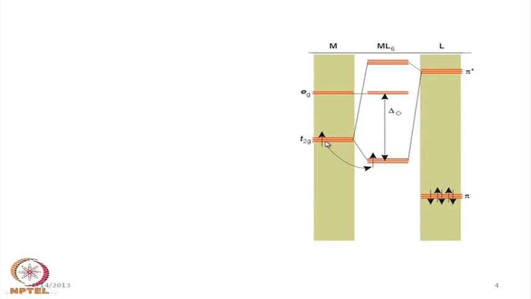and the amount of stabilization. But when we allow some amount of interaction with the ligand, so ligands are coming into picture and we are modifying the theory, and we are now having the molecular orbitals from the ligand side and molecular orbitals from the metal side.